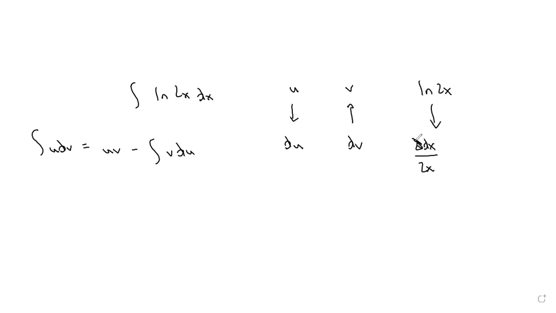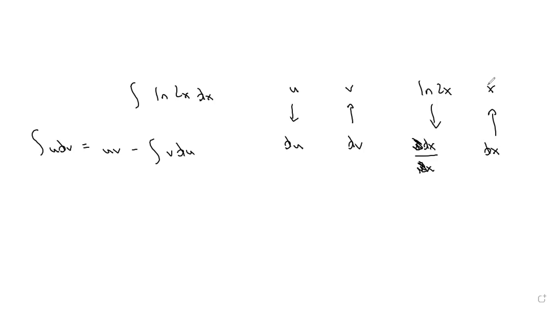So goodbye, and it'll just be dx over x. And then for dv, you only have one choice. You just have dx left over, which is also very nice. So dx goes right here, and if you take the antiderivative of that, you'll get x. So far, so good.